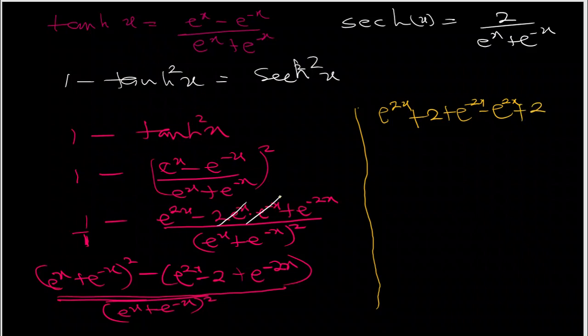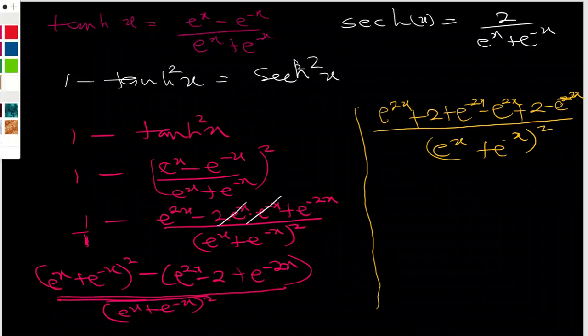Now it becomes plus 2. I'm actually distributing the negative sign to the bracket. Then minus e power negative 2x all over e power x plus e power minus x squared.